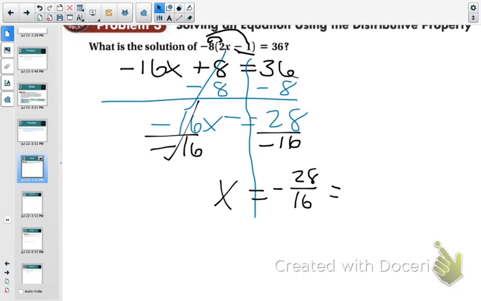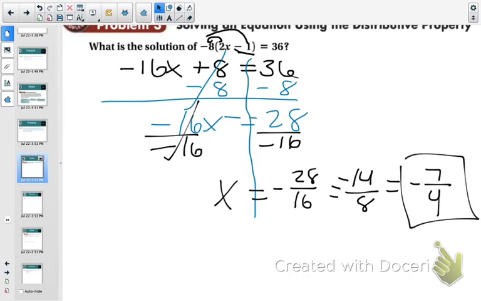So we can divide both of them in half and get 14/8, which is still negative and still divisible by 2. So divide by 2 again, and negative 7/4. And that is a simplified fraction. Again, I don't really want to write it as a mixed number because it just makes things look messy. So we'll leave it as negative 7/4 for now. And you can always plug it back in and check your answer too.